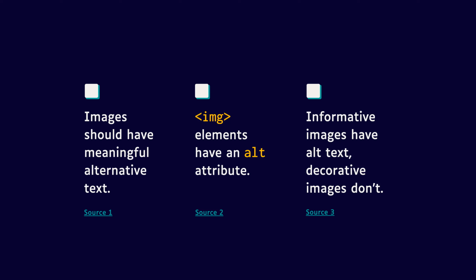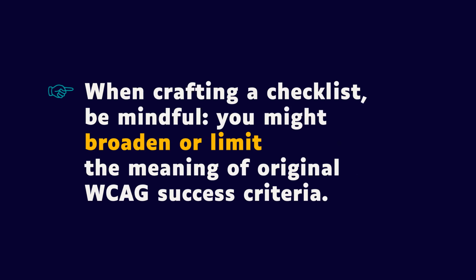None of those examples are perfect, but this one is probably the most complete because it's really showing the difference between what should have an alternative text and what should not. But again, it might give the feeling that decorative images should have any alternative text when they should have only an empty one. It doesn't convey this information. So what we learned from those 3 examples is that wording matters.